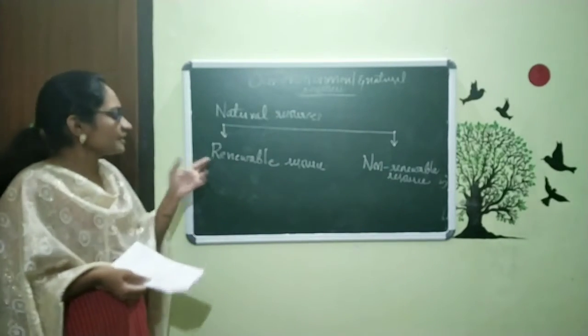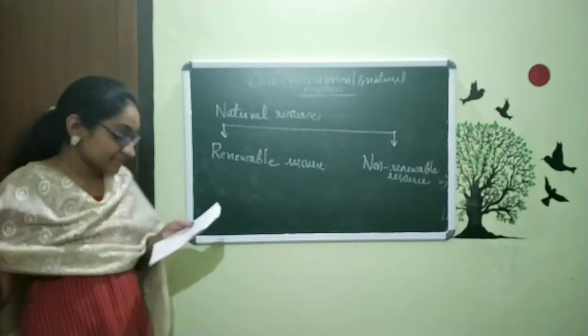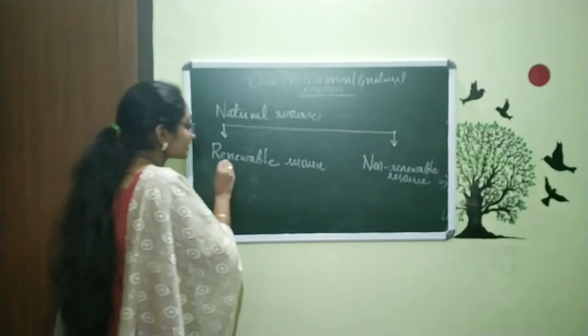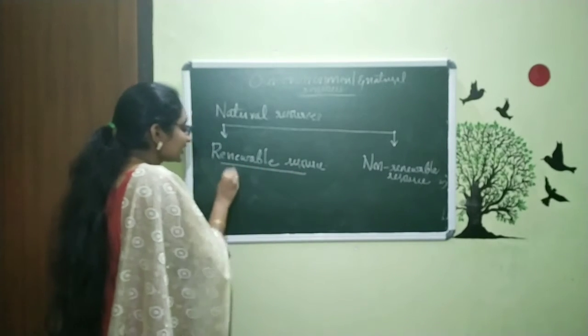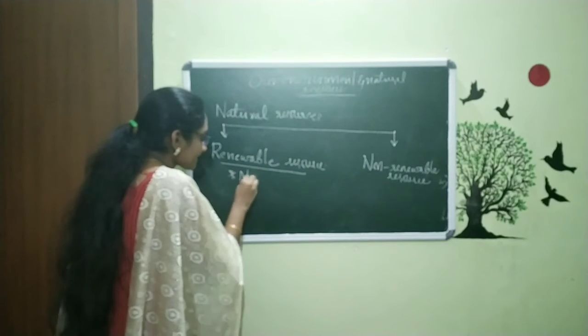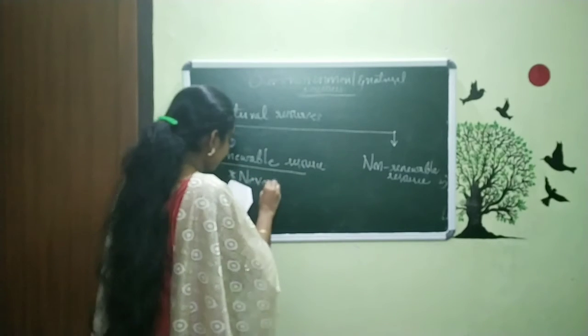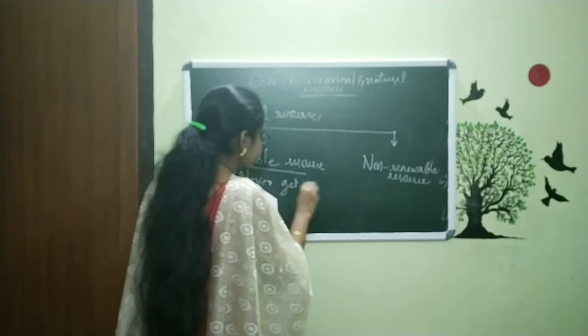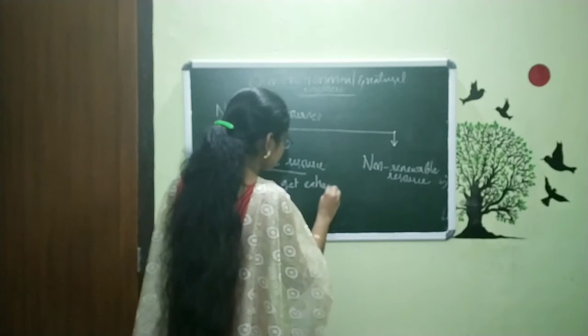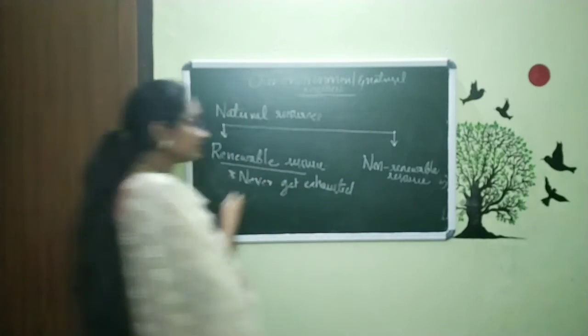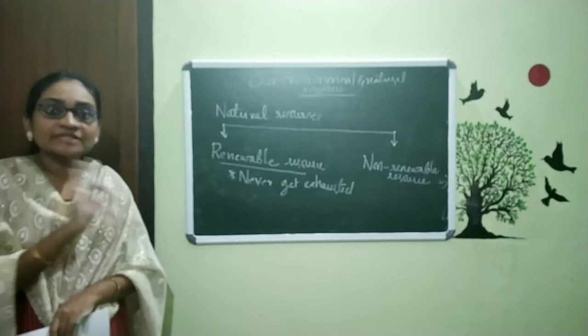What is a renewable resource? It is very simple. A renewable resource means it never gets exhausted. Never gets exhausted means never gets over.